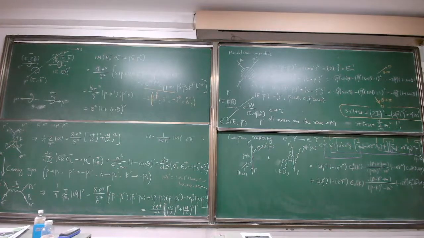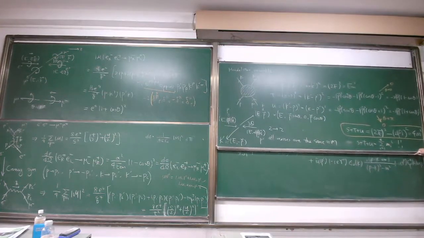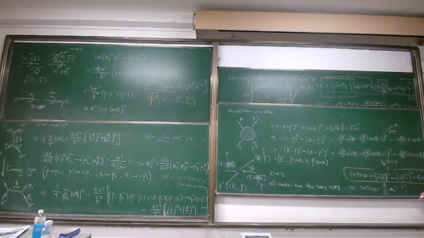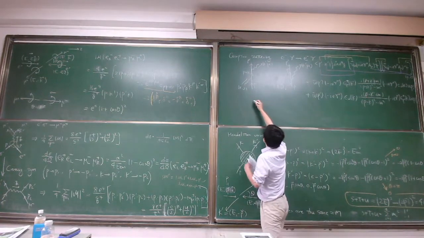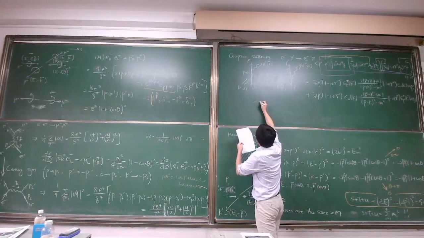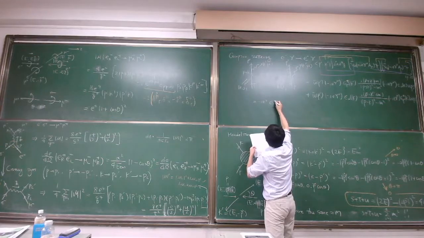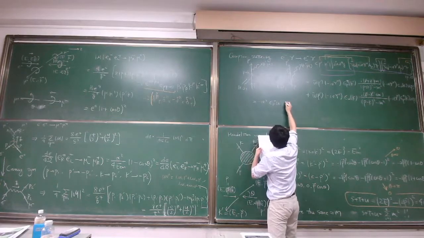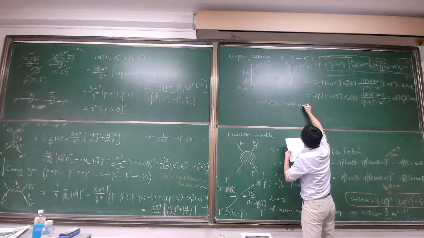Okay, and then let's sum it up. Then it's super easy. This is equal to minus i e squared, epsilon mu star slash K prime, epsilon nu K, u bar P prime.